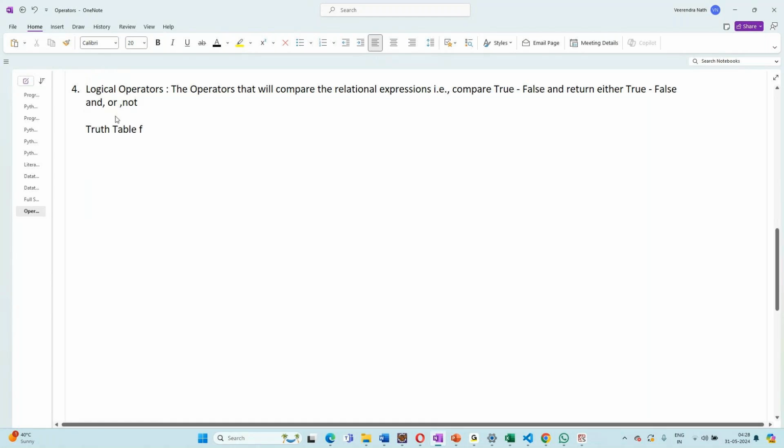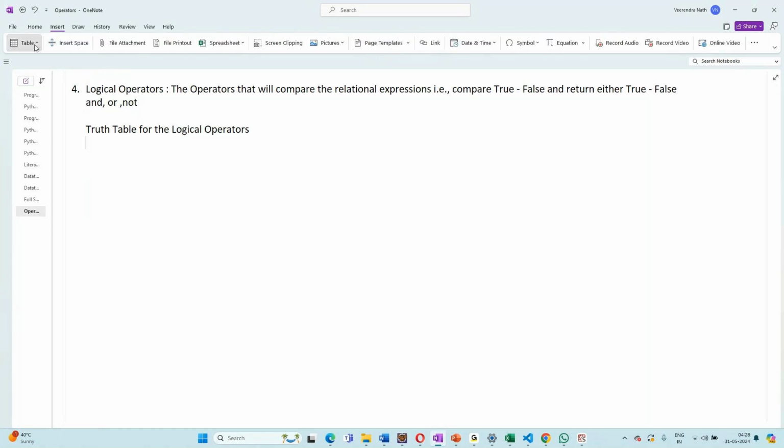Truth table for the logical operators. What do I mean by truth table? Let me insert a table.